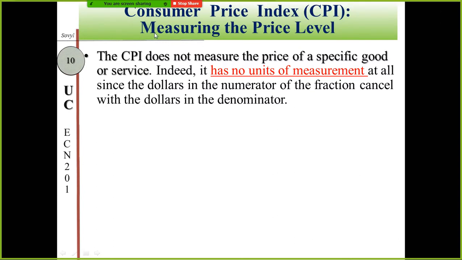Consumer Price Index, measuring the price level. The CPI does not measure the price of a specific good or a specific service. CPI is a tool that economists use in order to measure the overall cost, or all prices of goods and services in the basket, not in the economy, in the basket.